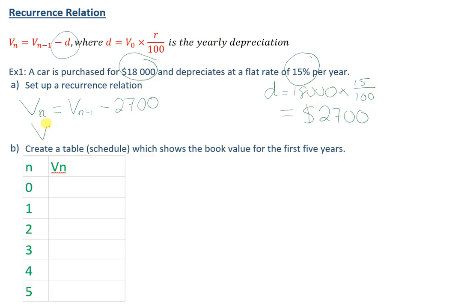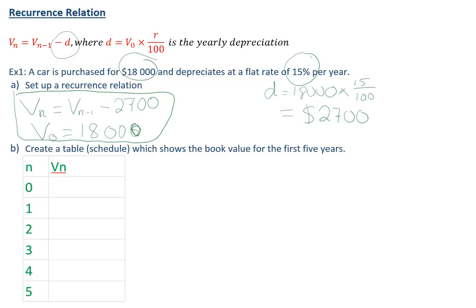And as always, with the recurrence relation, I should state where I start. In this case, 18,000. Okay, so that right there, that's my recurrence relation. So it tells me how to get to the next term. Well, I subtract 2,700 and where to start.